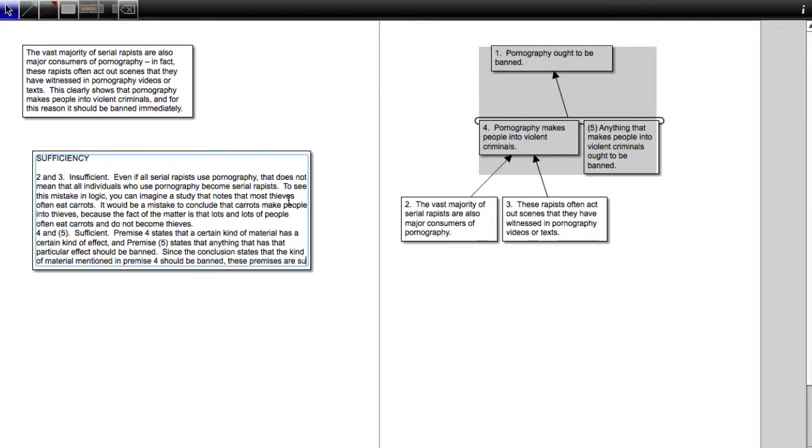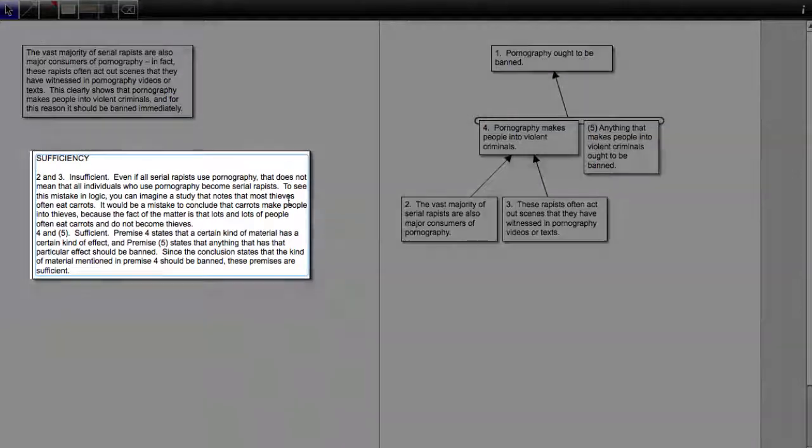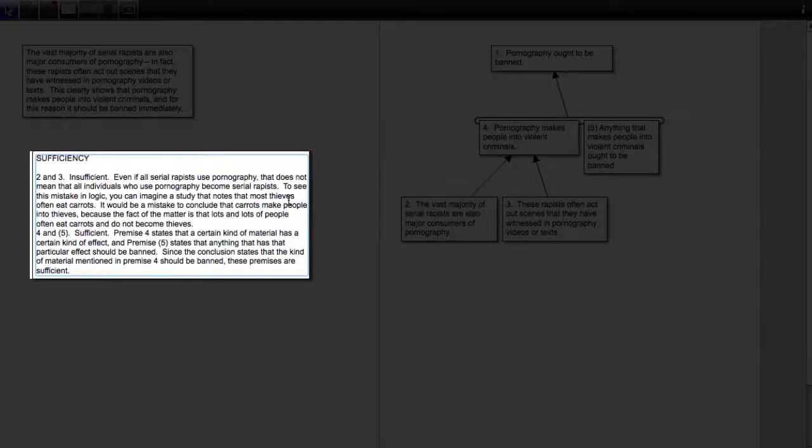These premises are sufficient. Okay, and that's an evaluation of the premises on the basis of sufficiency.